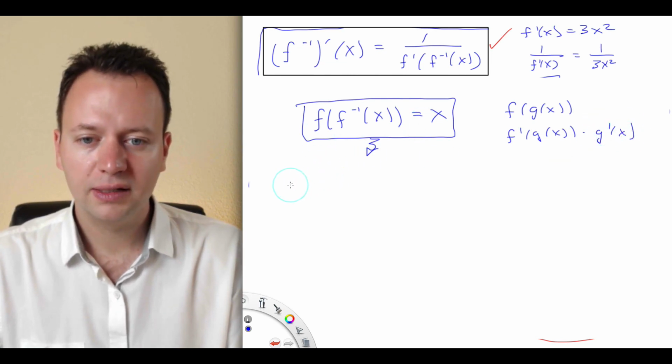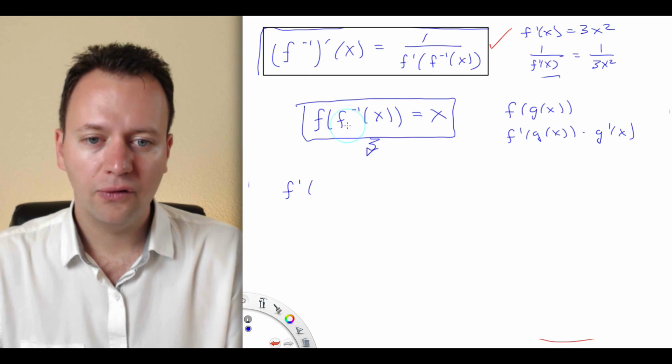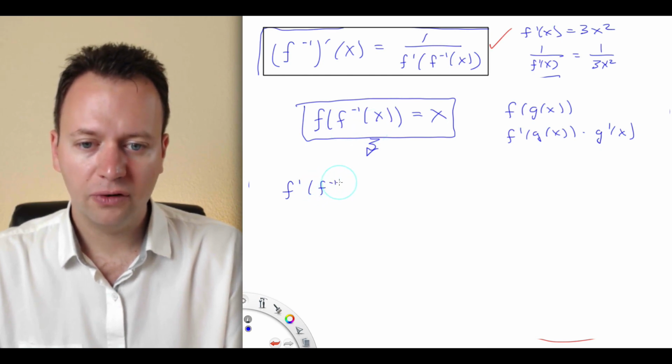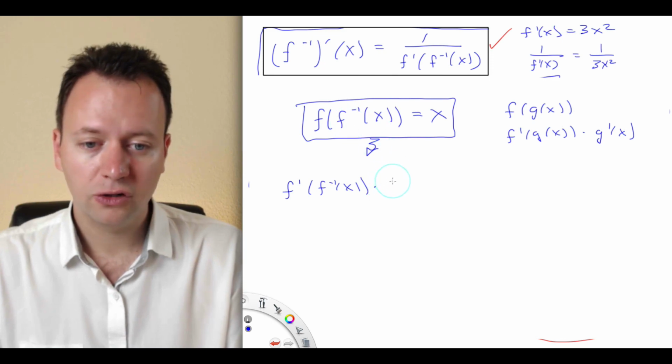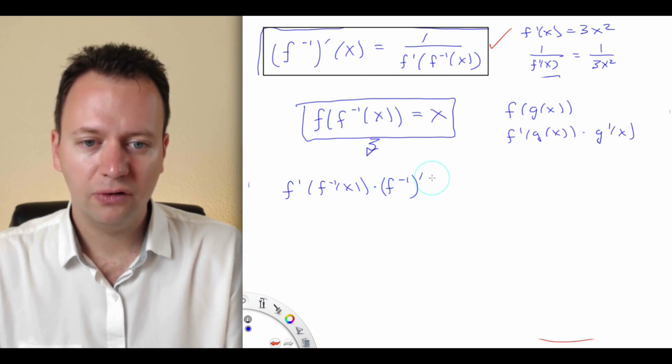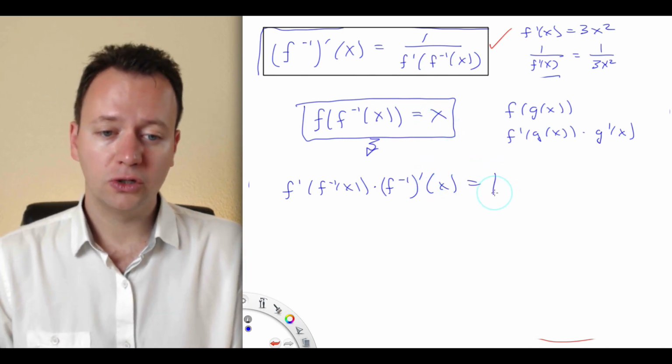So the derivative of this is f prime of this, f inverse of x, and then times the derivative of the inside function, which in this case is the derivative of f inverse. So it's f inverse prime of x. And that should equal the derivative of x, which is just 1.